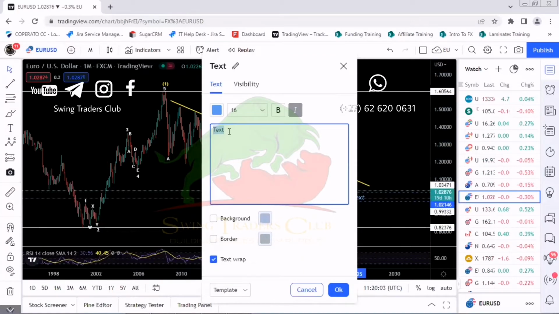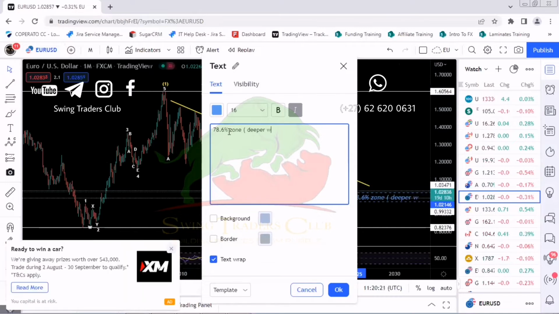So we said this part is the 78.6% zone. And what my deeper wave 2 zone, it's fine.